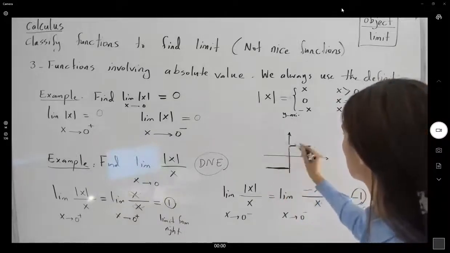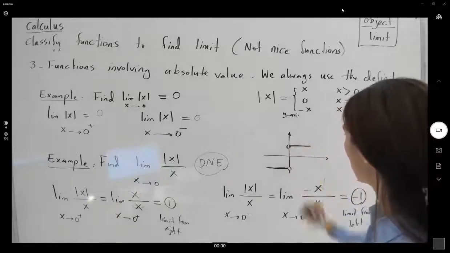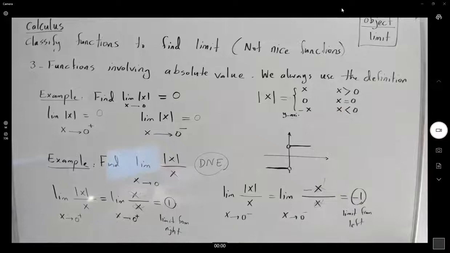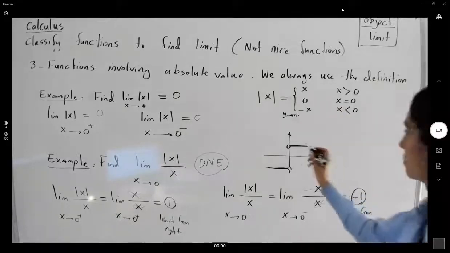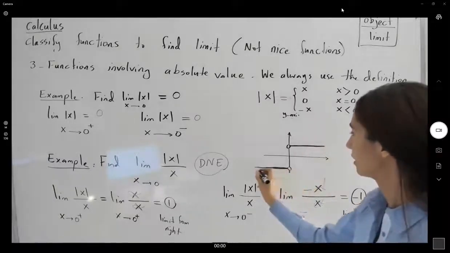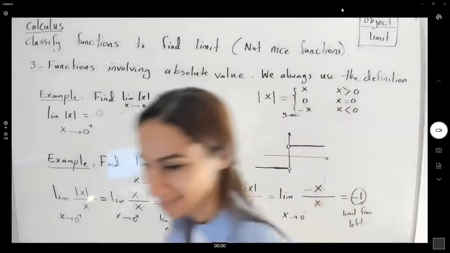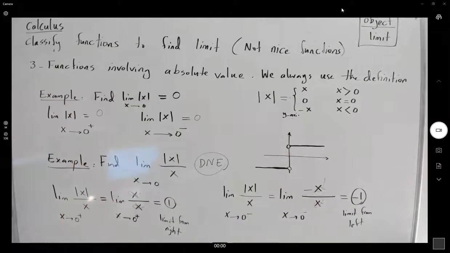And we have to exclude the 0. This is the graph of this function. We have 2 line segments, and we have to exclude 0 and 0. So as you can see, the limit doesn't exist at 0.